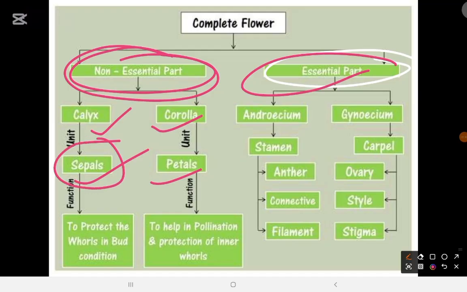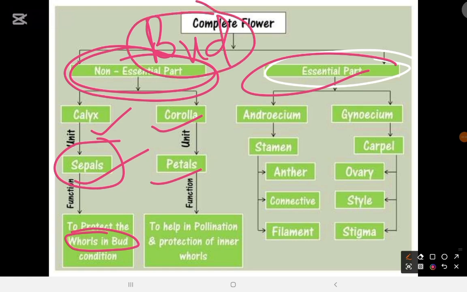Now, the sepal has the major function of protecting the entire flower when the flower is in just its bud stage. The flower develops from a bud.